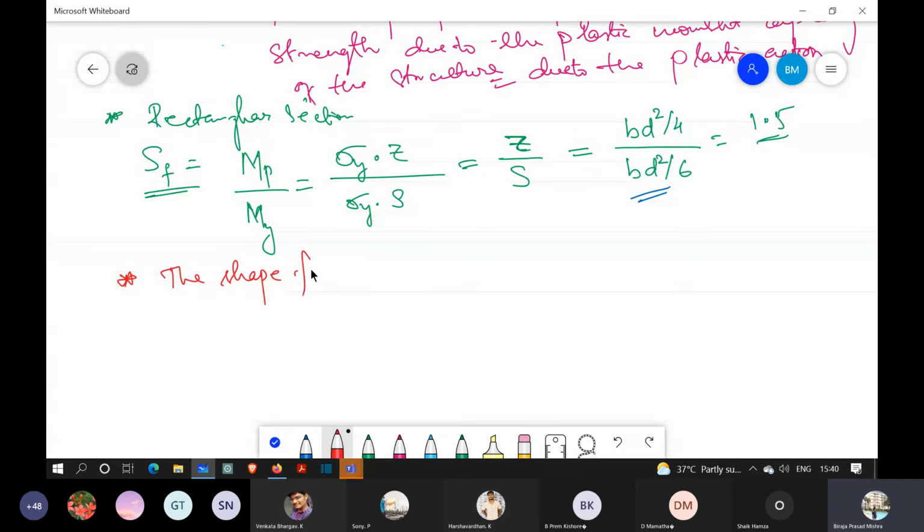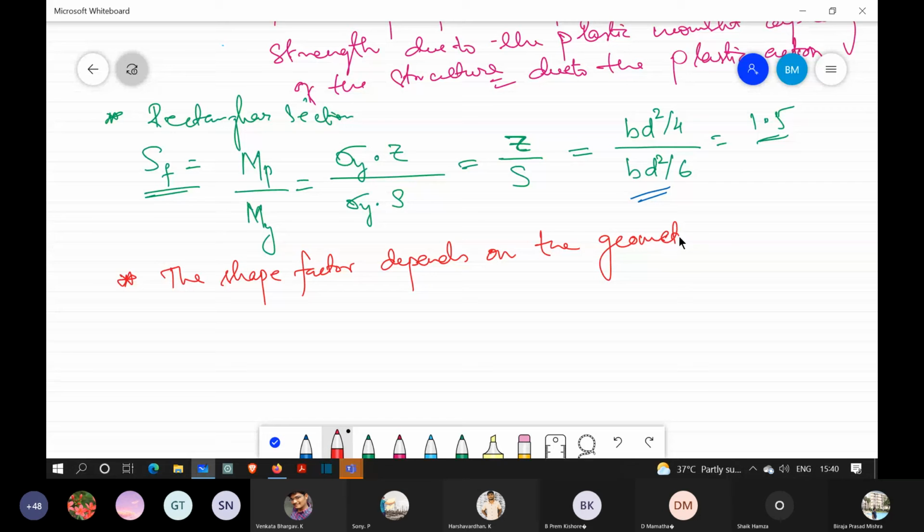The shape factor depends on the geometry of the section only. Take this as an important point. There are no other components here, only the breadth and depth.